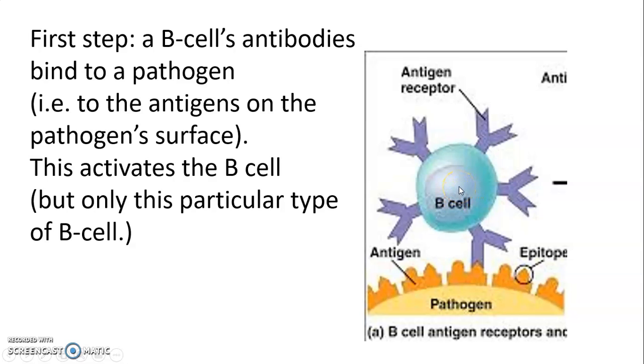It's actualizing its superpowers, okay? It's undergoing a transformation. It's like Superman spinning around, changing out of his Clark Kent glasses and goofy suit, and instead getting on his Superman suit. It's happening right here, activation. And only this B cell is being activated. Other B cells that can't bind to this are not being activated because it's this act of binding which is going to activate it. That's actually a simplification, but it's close enough to the truth.